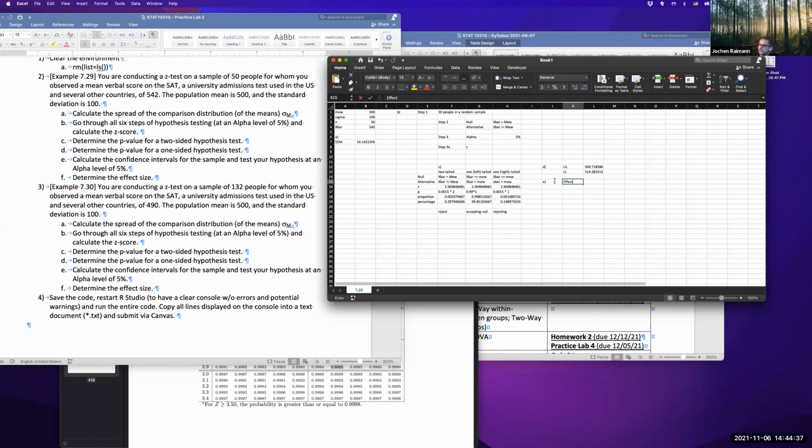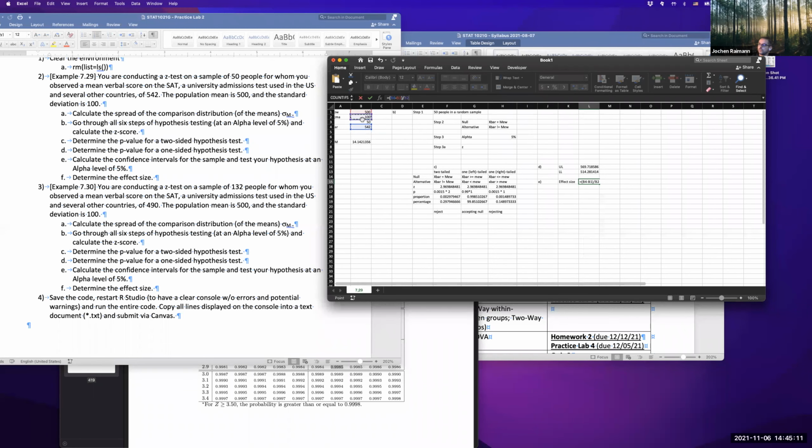We're calculating the difference between x bar minus mu divided by the standard deviation, the sigma, which is here an effect size of 0.42, which is consistent with a medium size effect size, I believe, right?